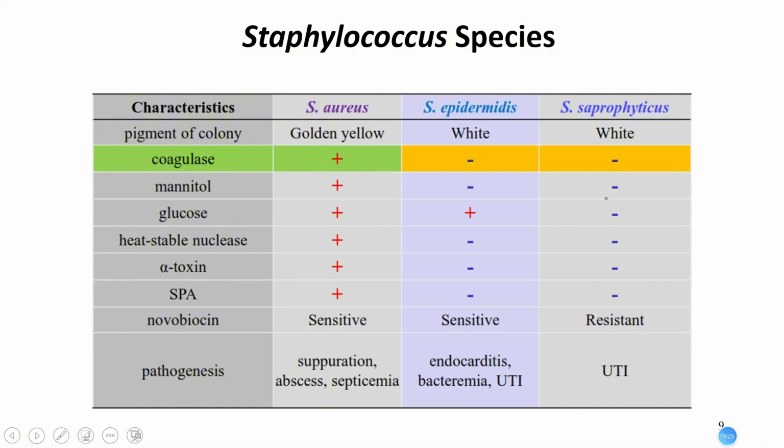While the next two members, epidermidis and the other one, I cannot read this species name, belong to our normal flora, so they are on our skin all the time, and usually they don't cause problems to human health, but sometimes they might cause some opportunistic infection. And later we'll focus on the first species, the aureus.